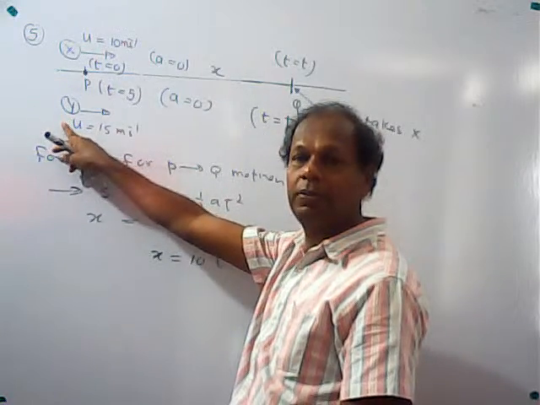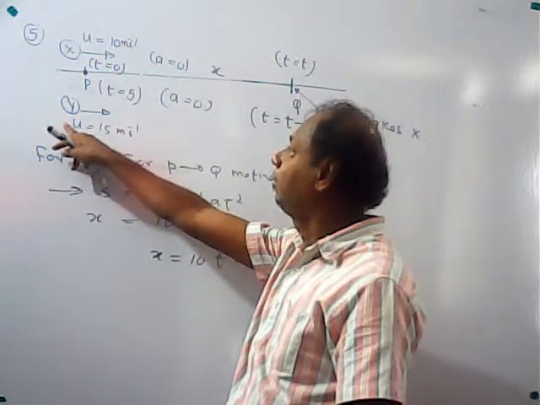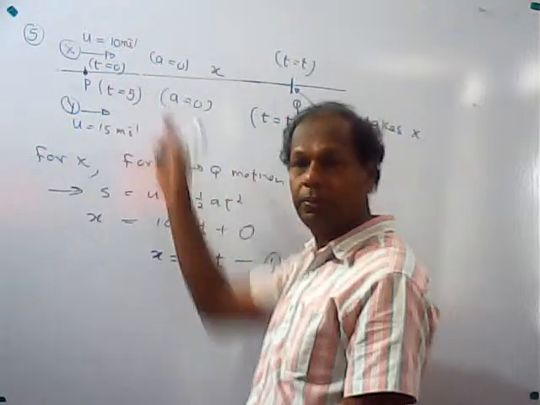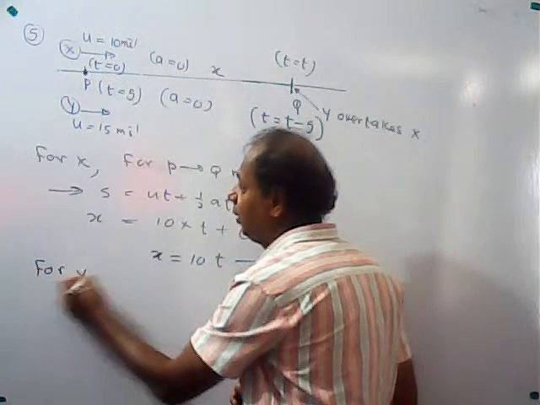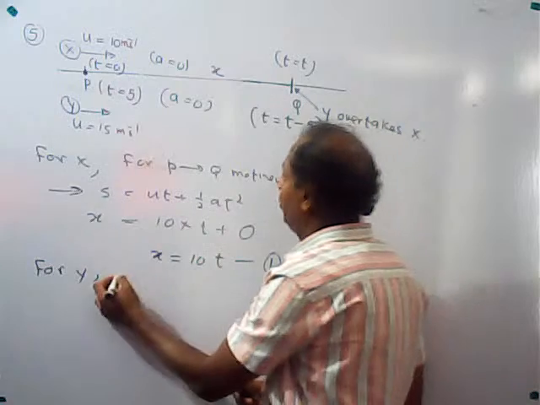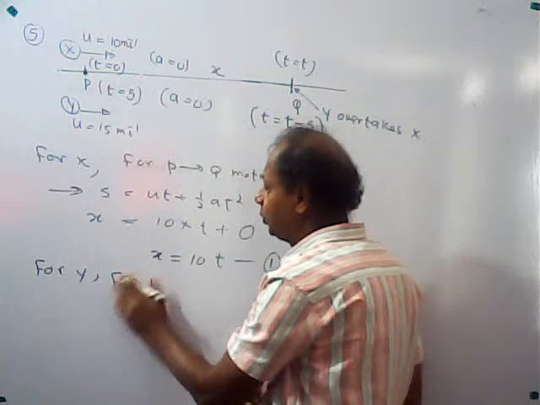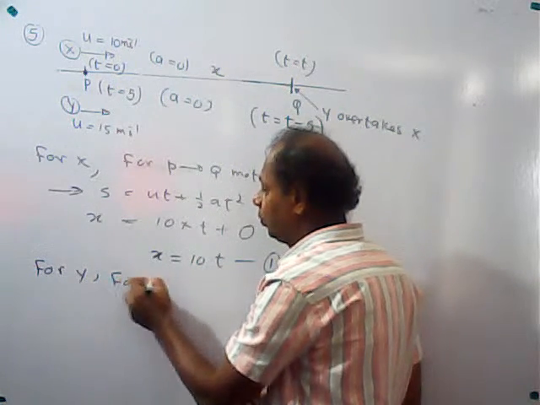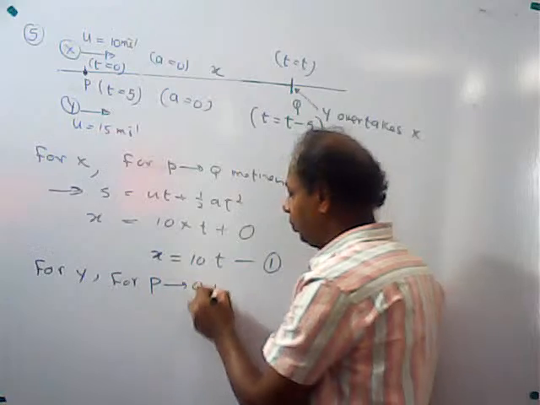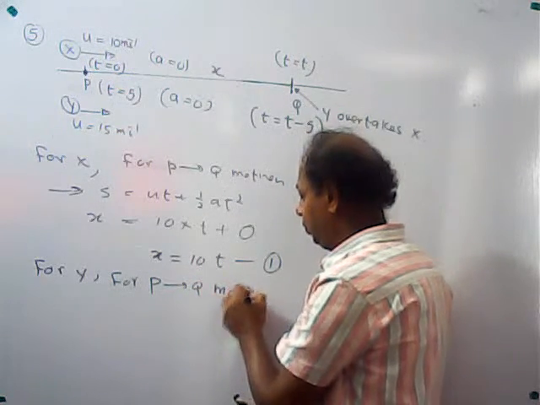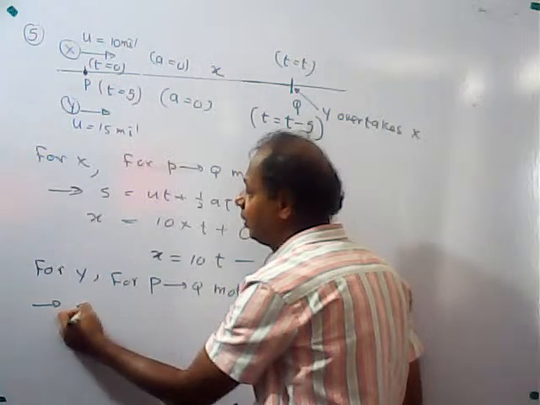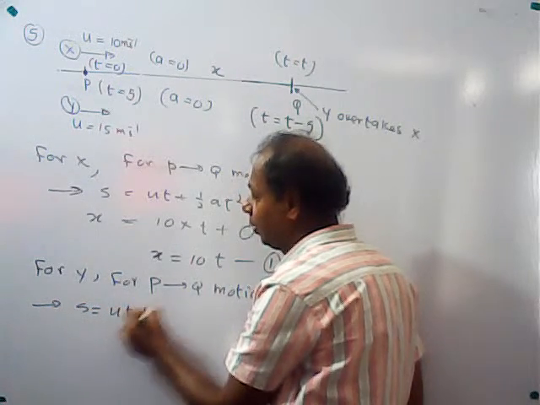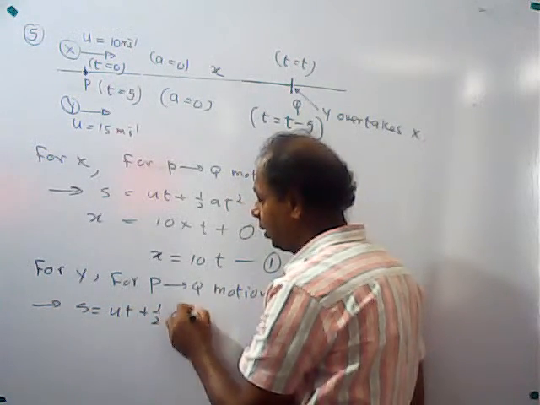We can apply it for vehicle Y to travel from P to Q. For vehicle Y, again from P to Q motion, you can apply the same formula, S equals UT plus half AT squared.